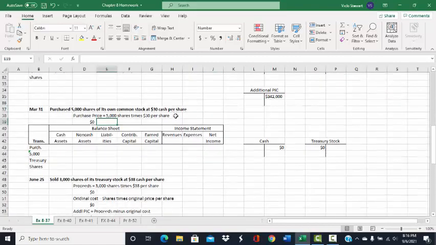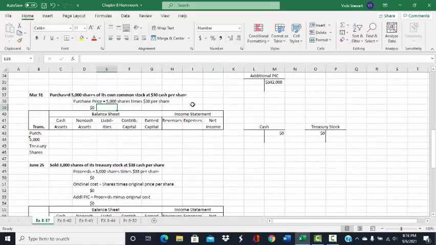$342,000. On March 31st, the problem states that we purchased 5,000 shares of our own common stock at $30 cash per share. So to determine the purchase price, we take 5,000 shares and we multiply it by $30 per share, and that gives us $150,000.